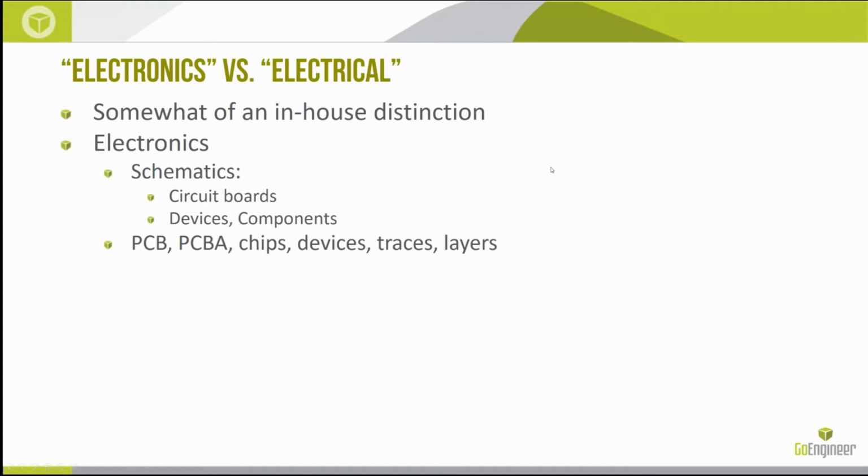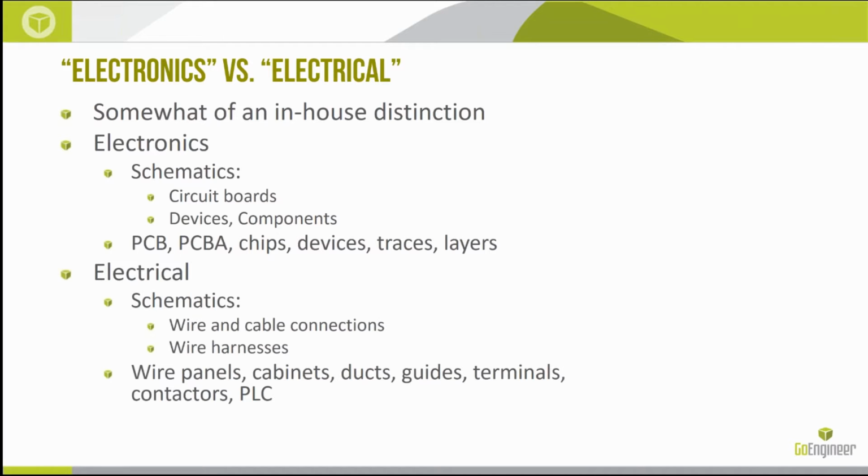When people say electronics, they are referring to boards, surface mount devices, components, usually through-hole components, surface mount components. They're generally talking about PCBs, printed circuit boards, traces, layers. These are all electronics terms, whereas when we say electrical, we're referring to wire and cable schematics, wire harnesses, and then everything that goes up from there: panels, cabinets, ducts, guides, terminals.